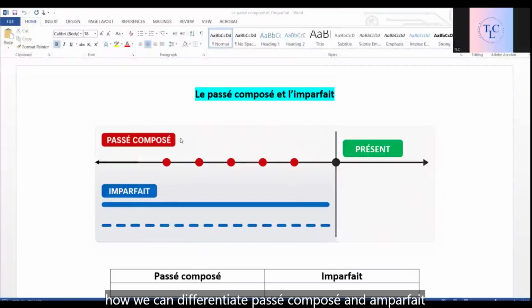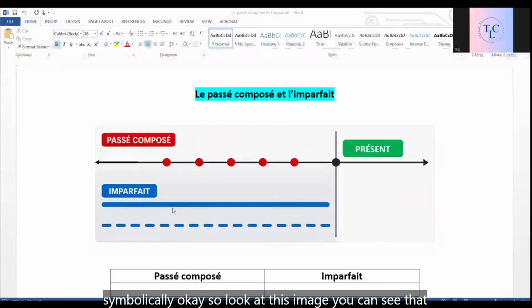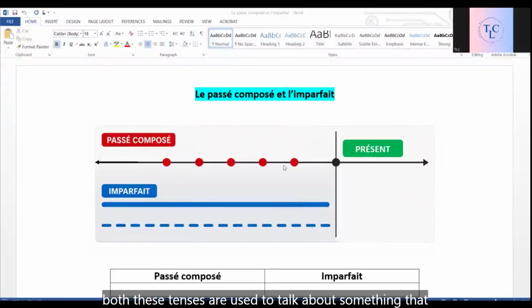So, see how we can differentiate passé composé and imparfait symbolically. Okay, so look at this image. You can see that both these tenses are used to talk about something that happened in the past.